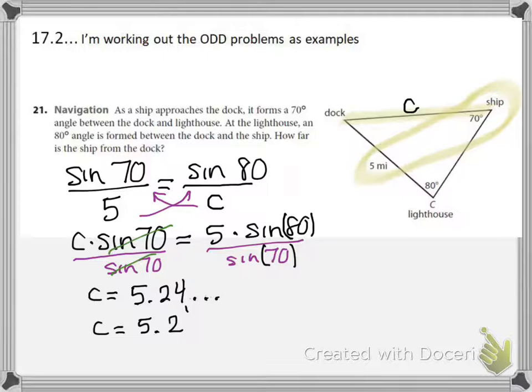Have to be 5 or larger to put it over. This one's a word problem, so I need to go back and figure out what these sides are measured in. Looks like I'm dealing with miles. This is a distance, not an area, so it's just 5.2 miles. There we go.